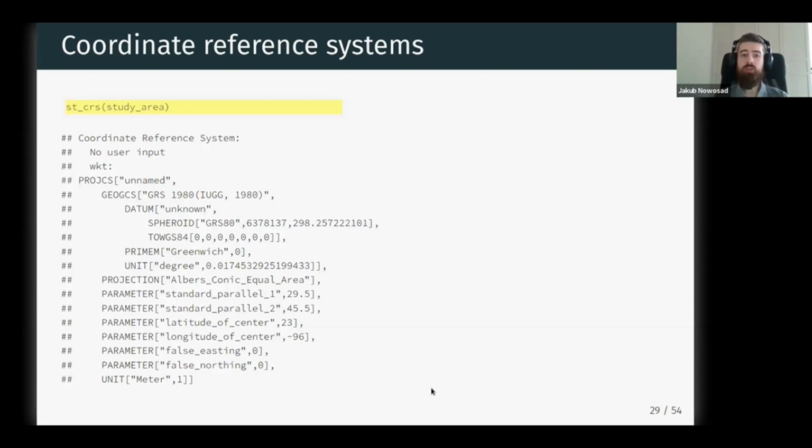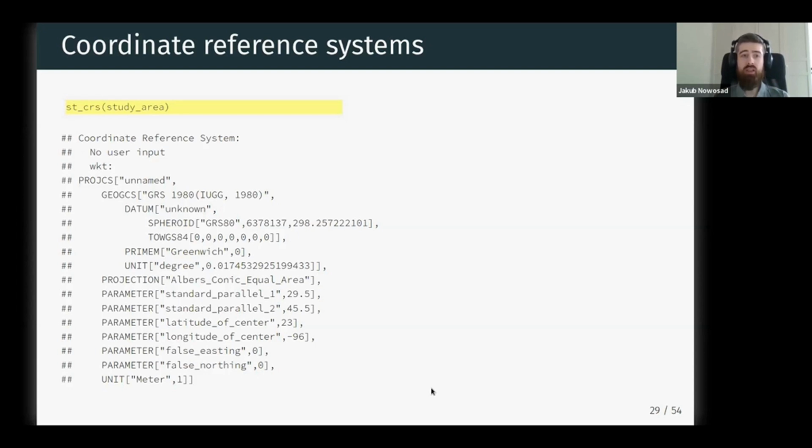Why is that? Because everyone wants to have their data as correct as possible. And because of that, there are many different ways to put the data on the map. So each country creates their own coordinate reference systems. There are also changes with time. Also, like US states have their own coordinate reference systems, and so on and so on. And there are many of those coordinate reference systems that exist in the world.